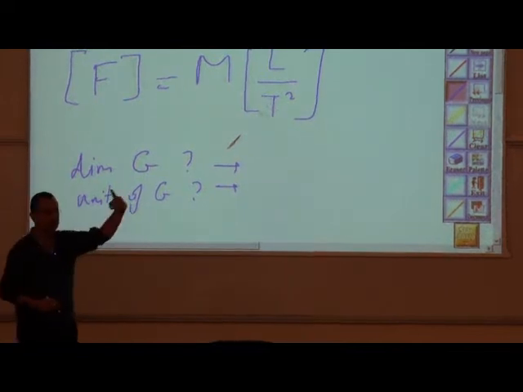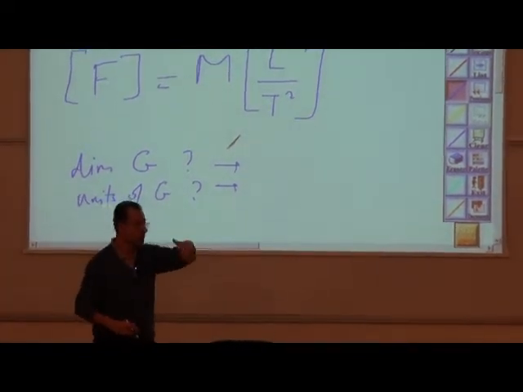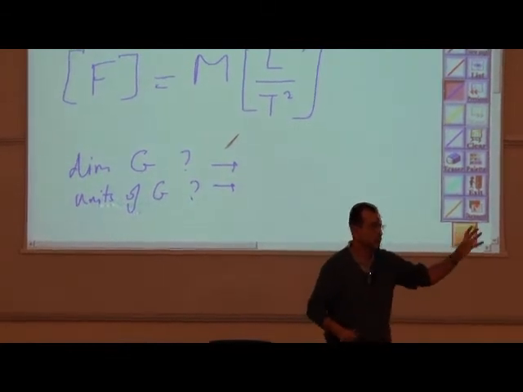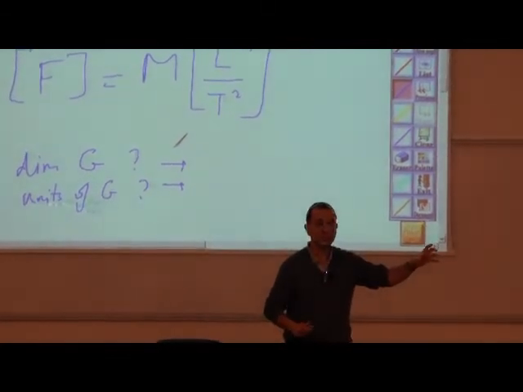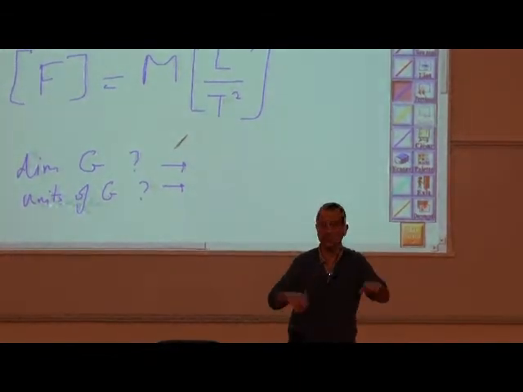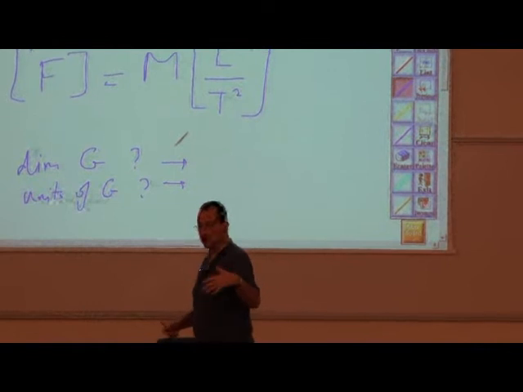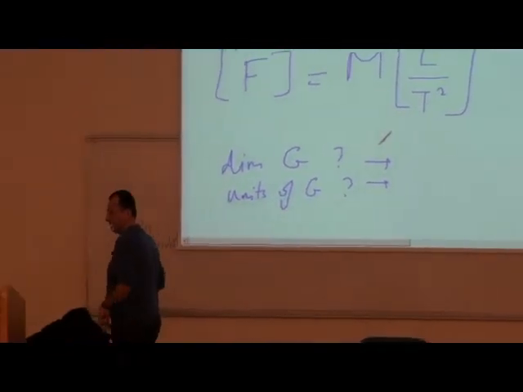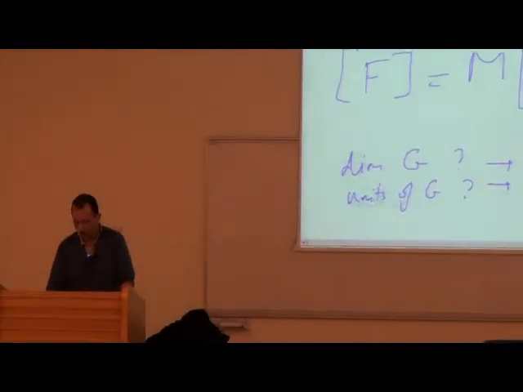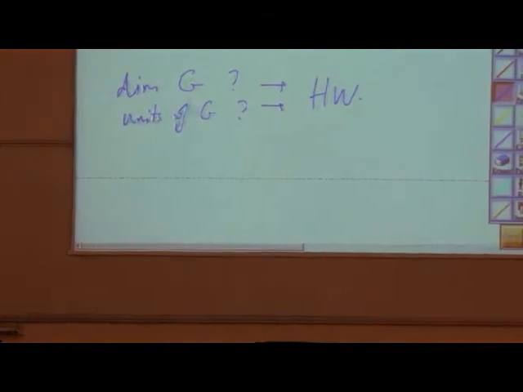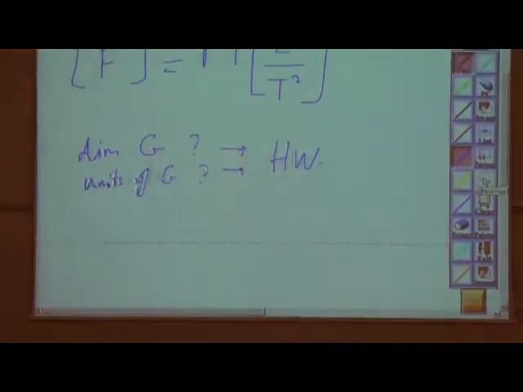G m1 m2 over r squared is F. You know the dimensions of F, m1, m2, r squared. Figure out what the dimensions of G are, and what the units are in terms of meters, kilograms, and seconds. You do that later, but please do it just to give you some practice with dimensional analysis and units. So this is homework for you. I'll do the next one.